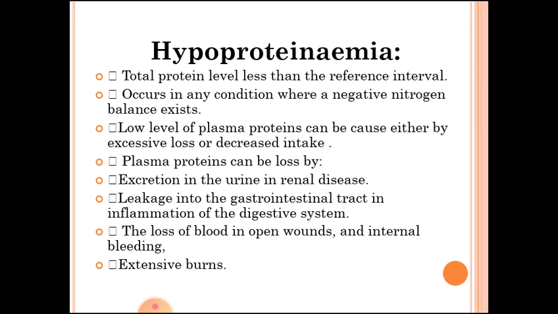Plasma proteins can be lost by increased excretion of protein in urine, such as in renal disease. They can leak into the gastrointestinal tract, meaning loss of albumin through the GIT due to inflammation or other digestive system disorders.